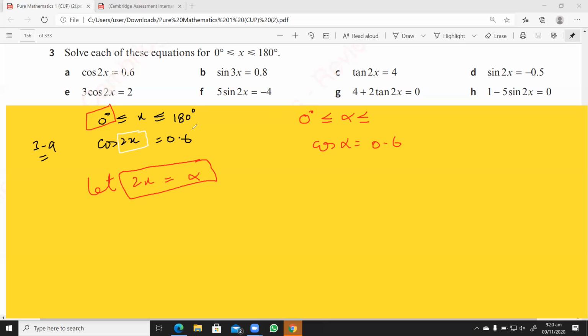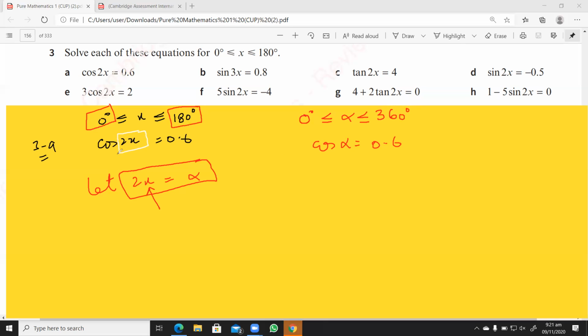And when I put the upper limit of x into it, what is the upper limit of alpha? You put x as 180, so 2 times 180 will give you 360 degrees.